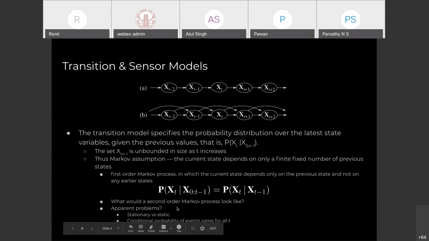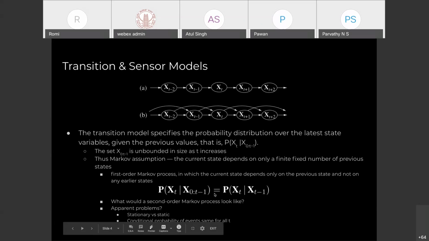So now, a second order Markov process would look like this, but the definition over here, if this were the equation of a first order Markov process, you see it's dependent on only one variable, the one that just happened at the last step. If t is my current time, just t minus 1. But if it were to be a second order Markov model, how do you think you would modify this equation?